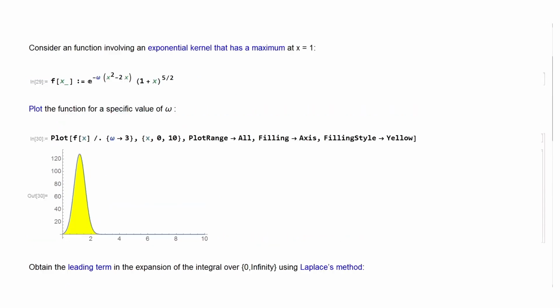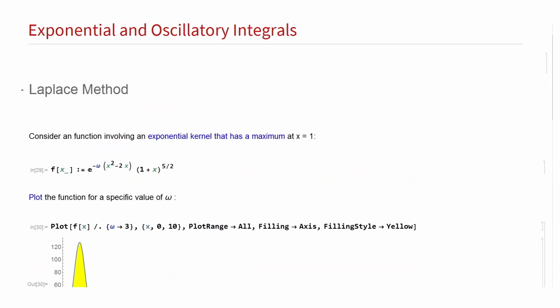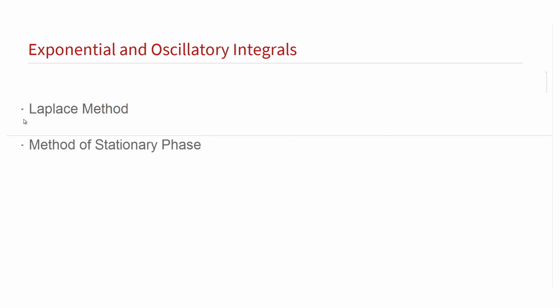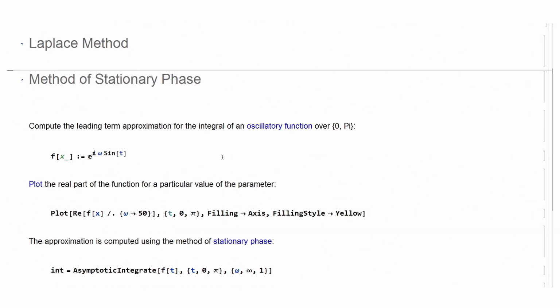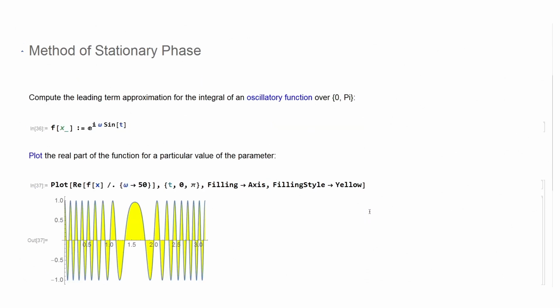Okay, so that's Laplace. And then what Stokes said is, let's do the same thing for oscillatory functions, like sines and cosines. So here's an oscillatory function, and that's the real part. What you notice is that all the action is around the maximum at pi over 2.